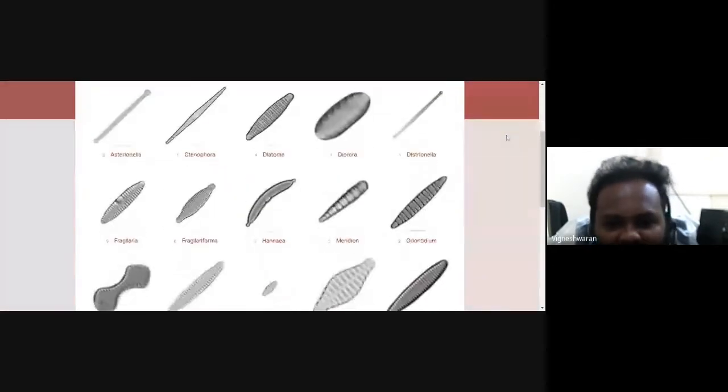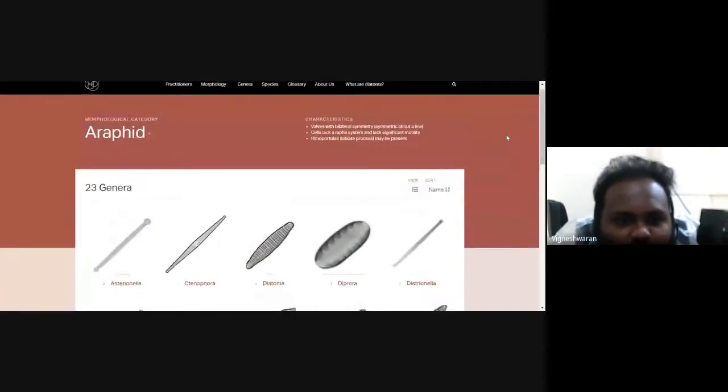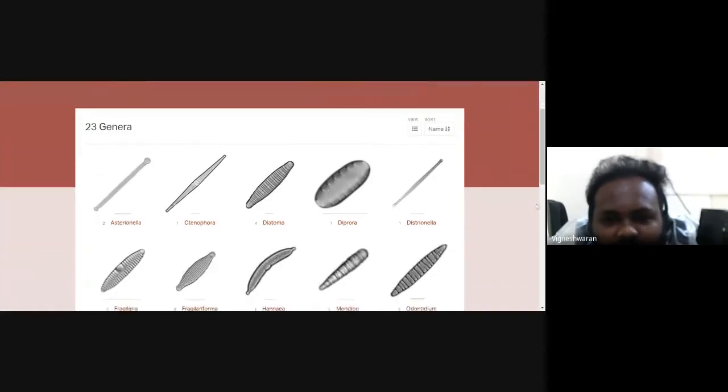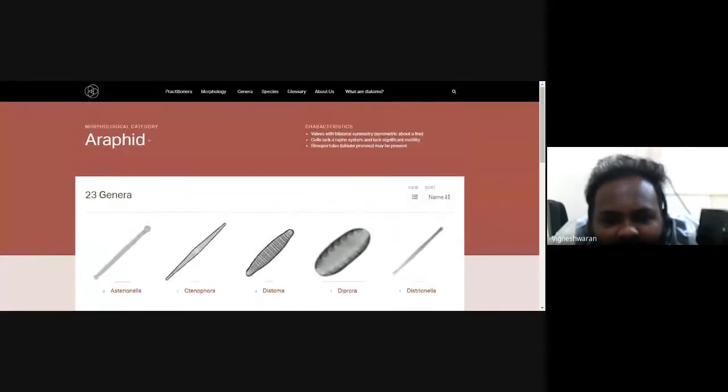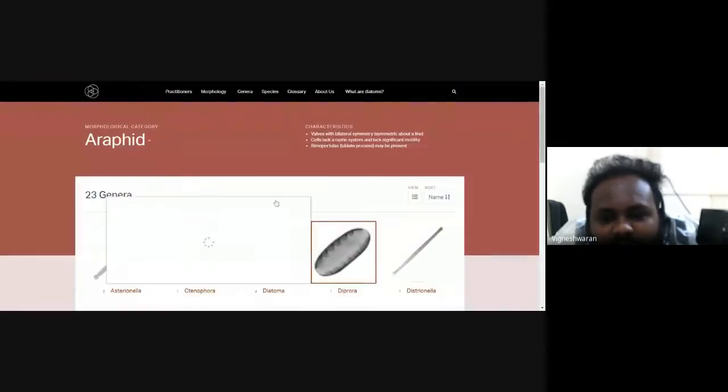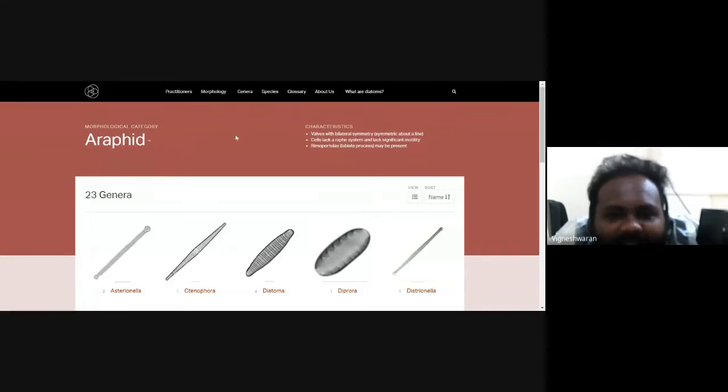Here it is mentioned 23 genera, but they gave only those diatoms that they observed in North America. In the entire world, scientists estimate that more than 2 lakh species of diatoms are living, even more than that in only the freshwater environment.